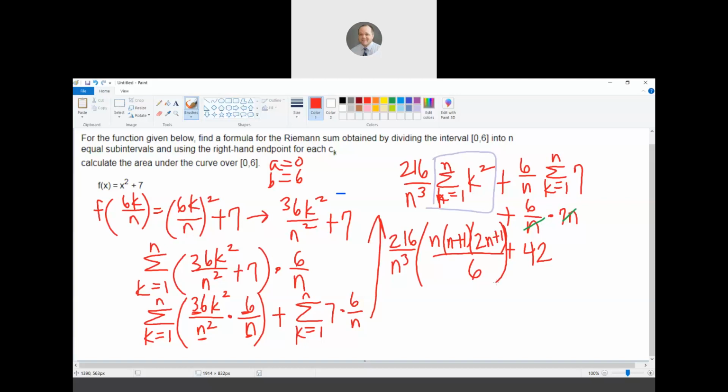Again, not going to show it to you here, but when you multiply the n times n plus 1 times 2n plus 1, you should get 2n cubed plus 3n squared plus n all over 6n cubed, and then plus our 42.